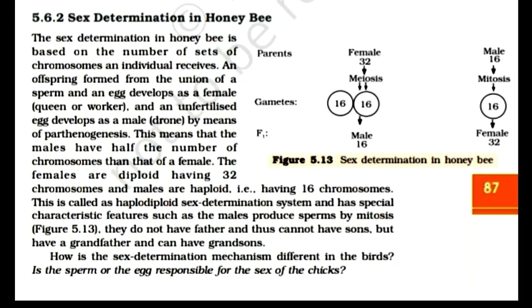The females are diploid, having 32 chromosomes, and males are haploid, having 16 chromosomes. This is called the haplodiploid sex determination system and has special characteristic features, such as the male producing sperm by mitosis. They do not have a father and thus cannot have sons, but have a grandfather and can have grandsons.